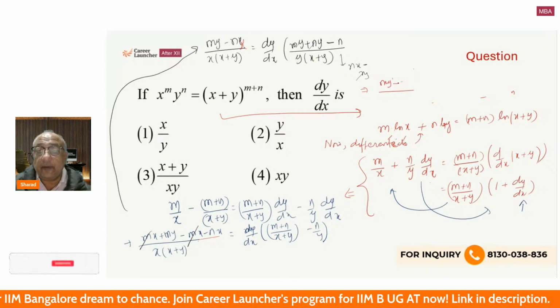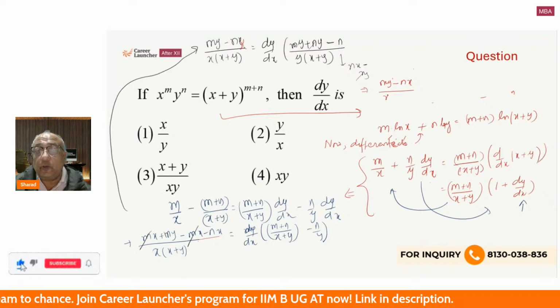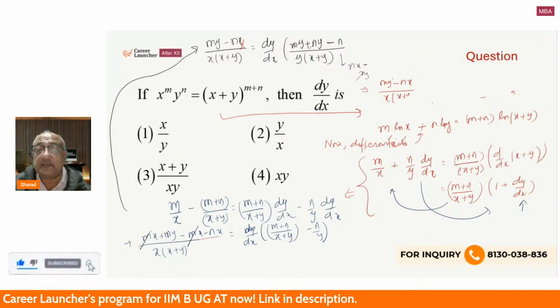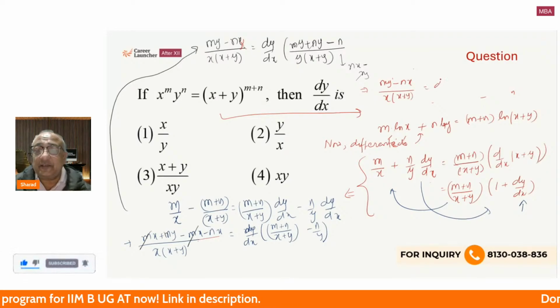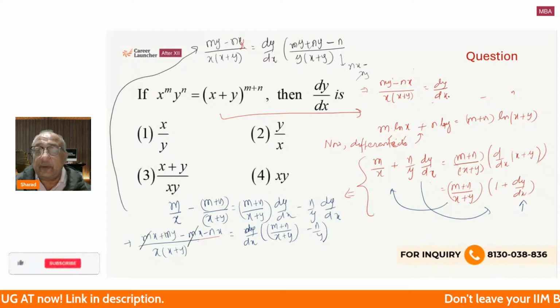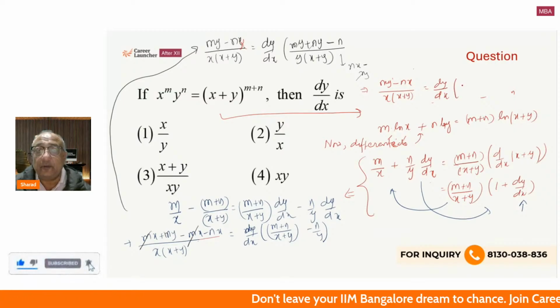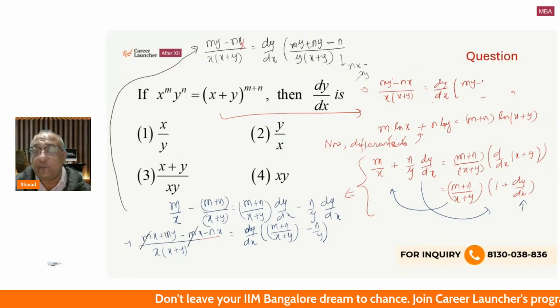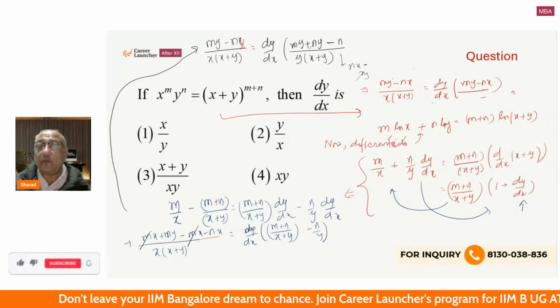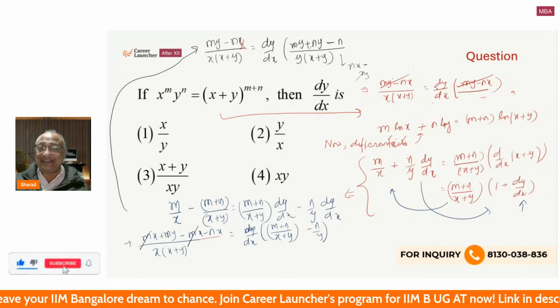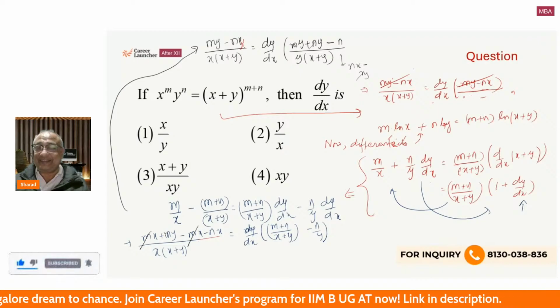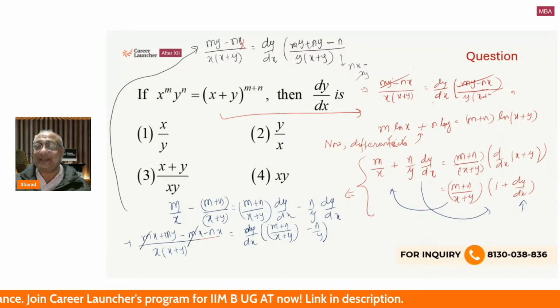(my minus nx) into x upon (x plus y). It is finished. This is the last step. It is only because of paucity of space that we are doing it in a slightly haphazard fashion. My minus nx. Wow, my minus nx and my minus nx have got cancelled. And this is y and this is x plus y.